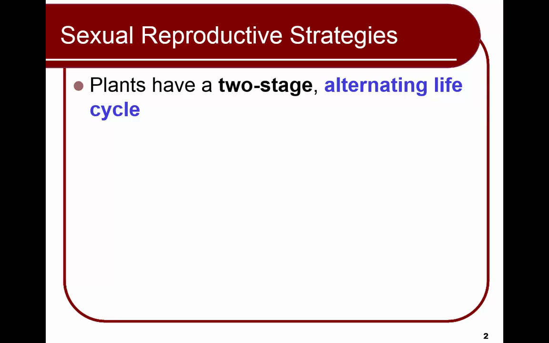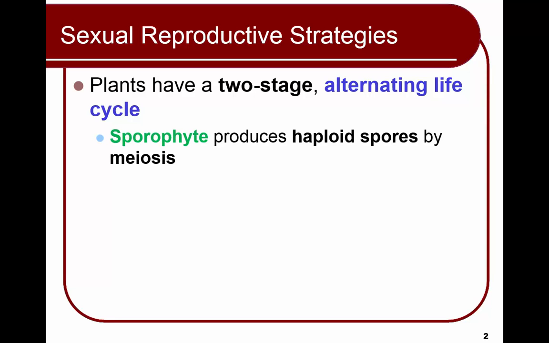And if you'll remember from one of the previous chapters, plants have a two-stage alternating life cycle, from the sporophyte to the gametophyte to the sporophyte to the gametophyte. It's a cycle that occurs between the diploid and the haploid. The sporophyte is the diploid stage, and it is dominant, and it produces the haploid spores by meiosis.